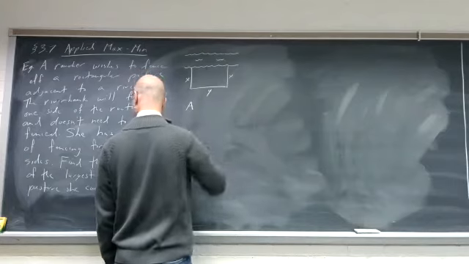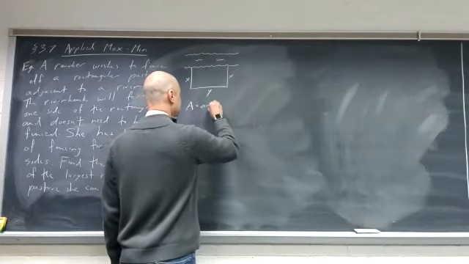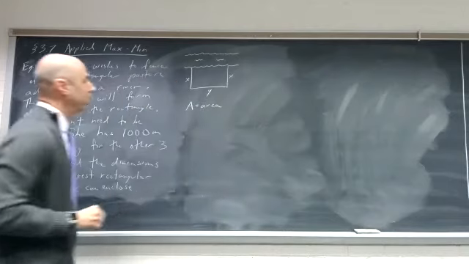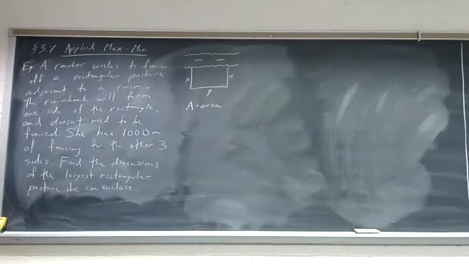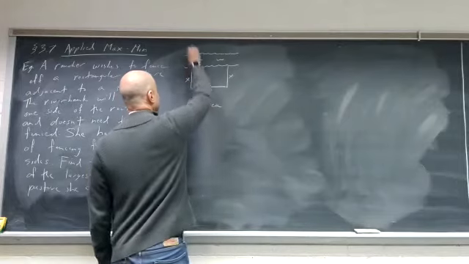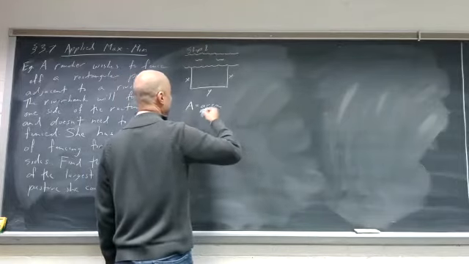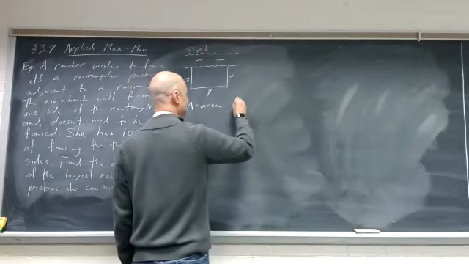That's what I'm trying to maximize, the area. So step one and step two are finished. Now, you don't have to write step 1 and step 2 and whatever when you're doing your problem.